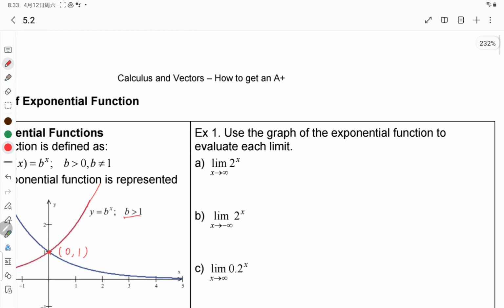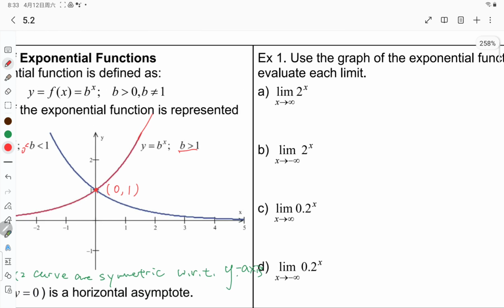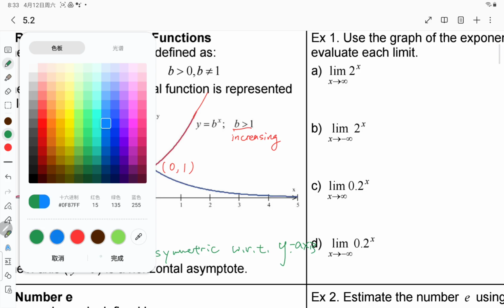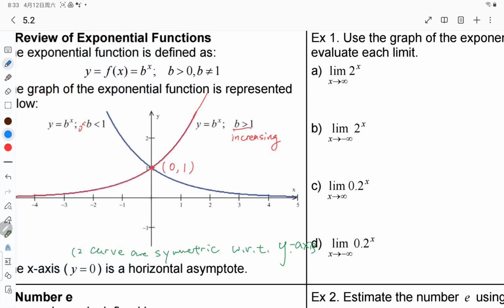Then this is fine. Okay, so b greater than 1 is increasing, and the other is decreasing. And of course you need to know that, just like the logarithm function, no matter the b value, it also always crosses the point (0, 1), right? Because the logarithm always crosses (1, 0), right?